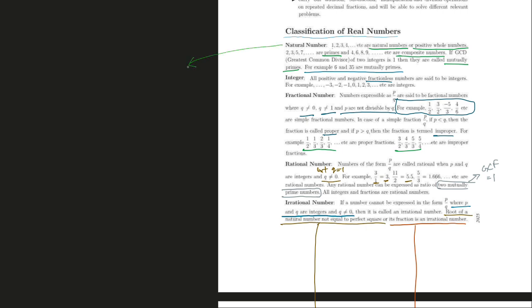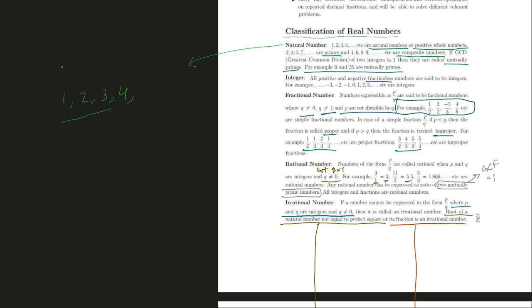So natural numbers are basically what we know as numbers, like 1, 2, 3, 4. These are natural numbers, right? So it has the positive whole numbers like these, which are either prime or composite numbers.